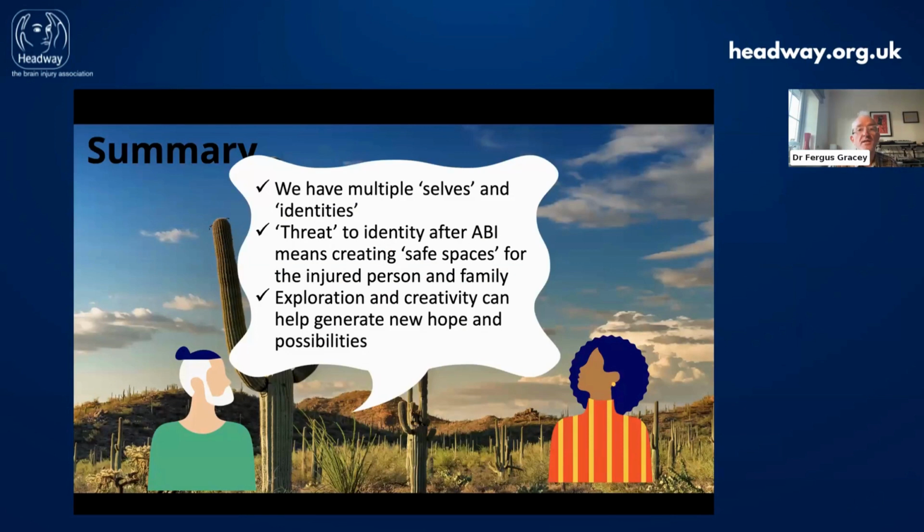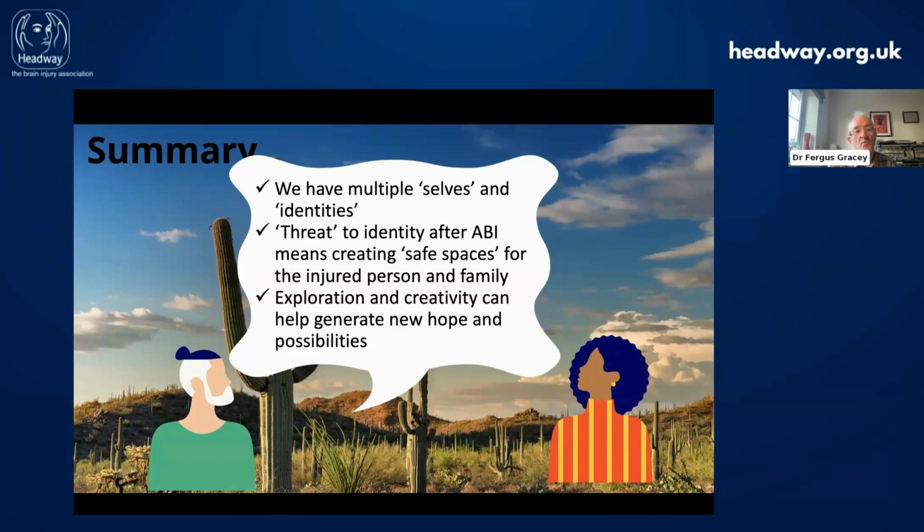So in summary, self and identity, it's a big, complex, messy thing, lots of different theories and ideas, and most of them would say that we have multiple selves and identities. Thinking about identity as under threat after brain injury means that our starting place in working with the injured person and their family is creating safety, being humanizing in our responses, being compassionate in our responses, and giving people the time to sit with where they're at, not jumping in too quickly with the goals and the strategies and the change talk and the deficit talk.